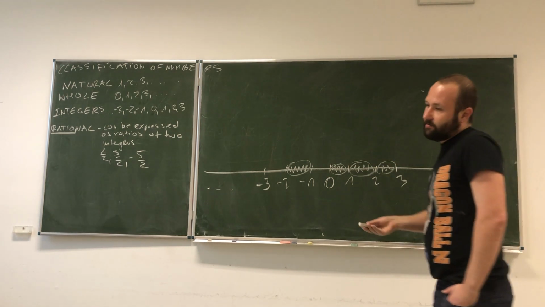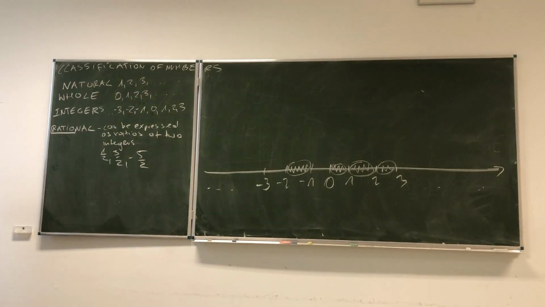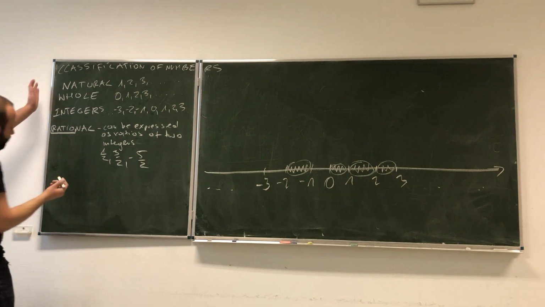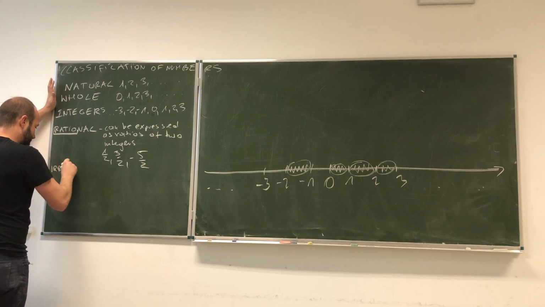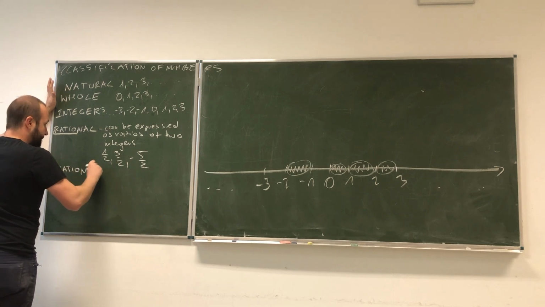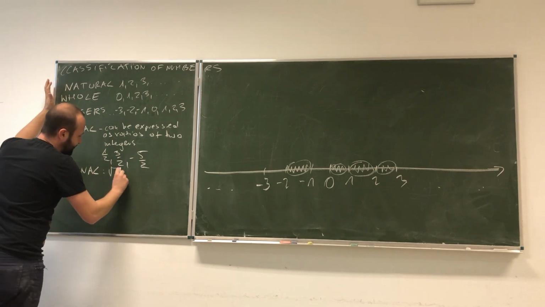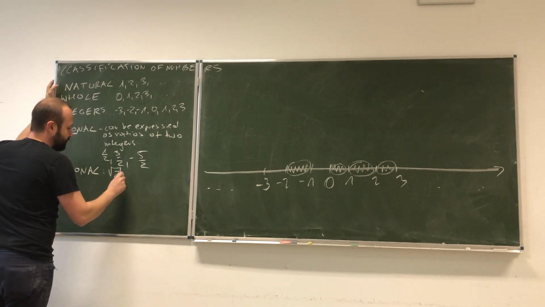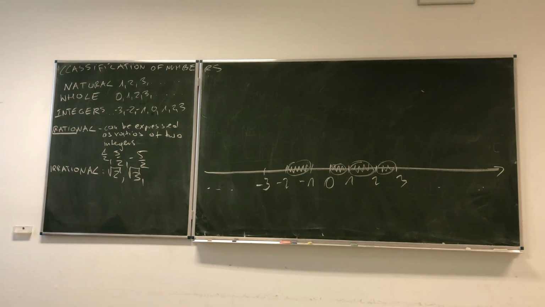Because, I hope you remember this also from high school, not all numbers can be expressed in form of ratios. If they can't, we call them irrational numbers. What is an example of a number like that? Well, the easiest would be square root of 2, square root of 3.